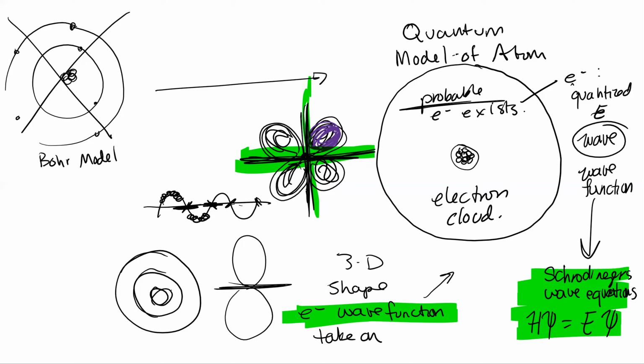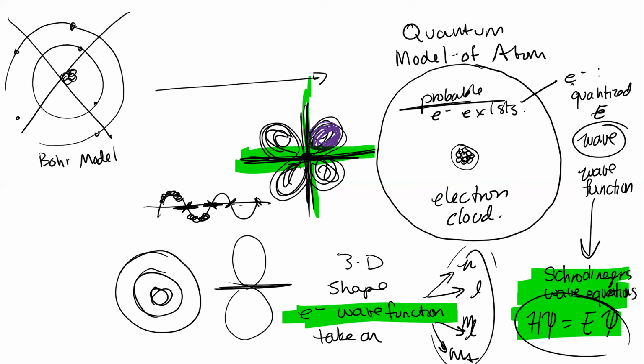And we're going to build from this in class these quantum numbers n, l, m sub l, and m sub s, which are solutions that come out of the Schrodinger wave equation for any atom. And we'll talk about this in more detail. But this is really how we built up into this quantum model of an atom.